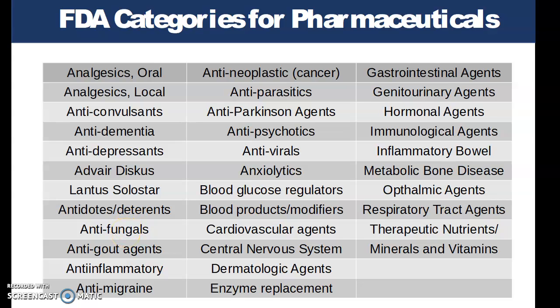Antifungals. This is the allylamine antifungals, the azoles, the polyenes, a lot of different ones for treating all sorts of different fungal diseases. Anti-gout agents. Rarely hear about gout these days, but these are xanthine oxidase inhibitors and renal tubule blocking agents in this category. Anti-inflammatory. You have two categories here, your glucocorticoids, and the non-steroidal anti-inflammatory drugs that we talked about before.